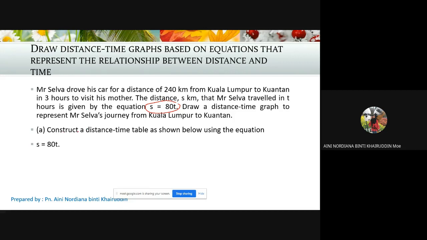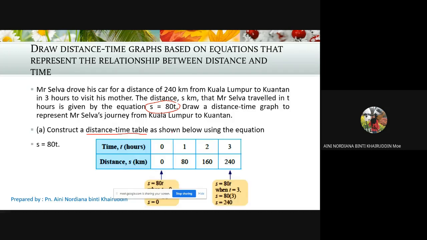So first construct a distance time table as shown below using the equation. Tadi dia dah siap-siap bagi distance time table. Yang contoh kedua ni dia tak bagi. Cuma dia bagi equation sahaja. So first you kena buat sendiri distance time table ni. Macam ni lah. Letak kosong-kosong, lepas tu letak masa. Sebab dia dalam hour, so 1 jam, 2 jam, 3 jam.